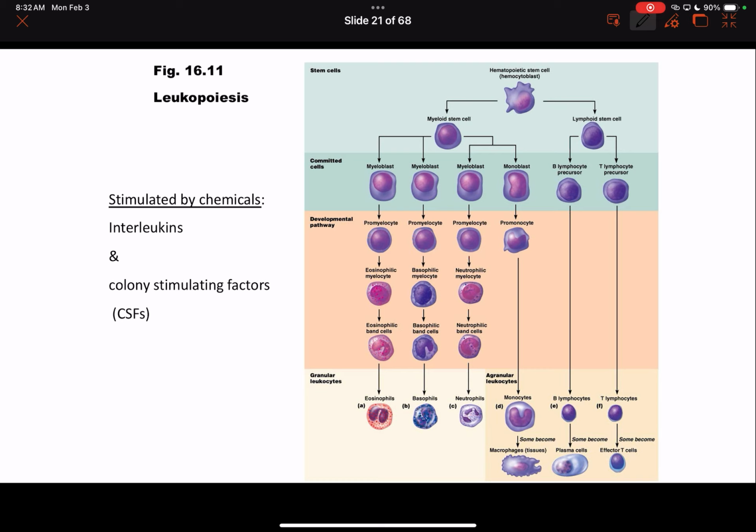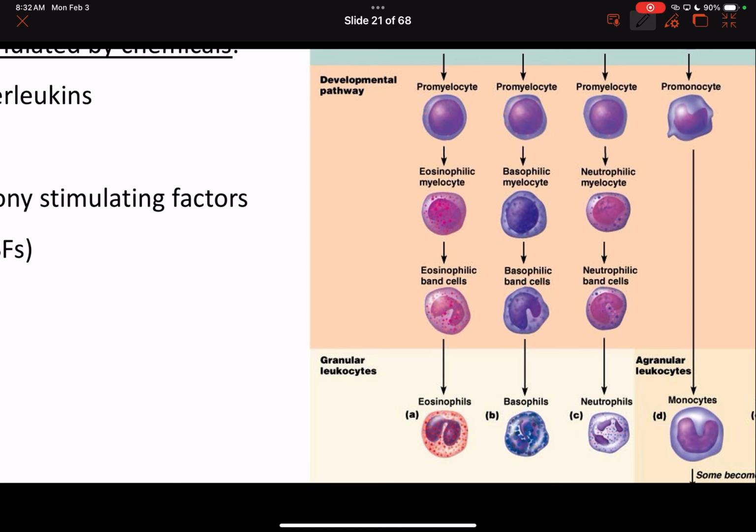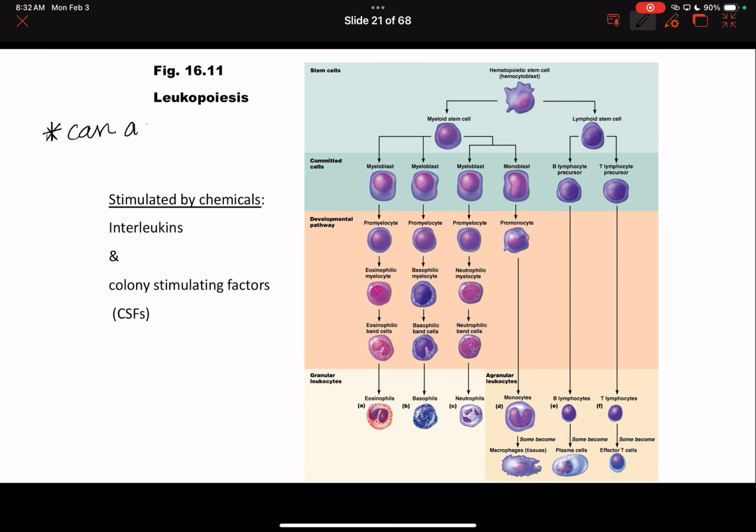And these chemicals, they can travel in the blood. What do we call chemical messengers that can travel in the blood? Hormones. So they can act as hormones. And then what is it called when it's a chemical that's sent out by a cell and it attaches or targets a neighboring cell?